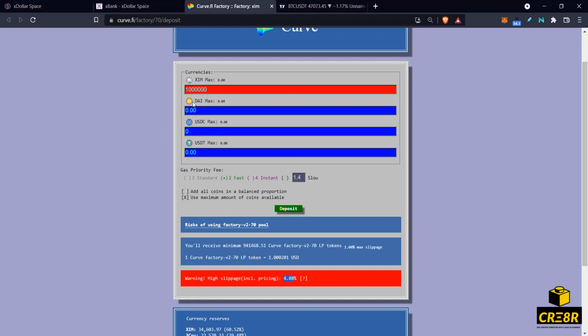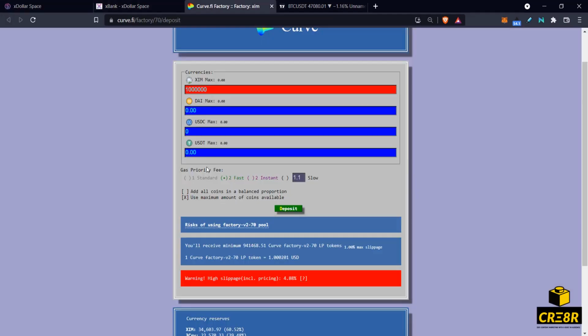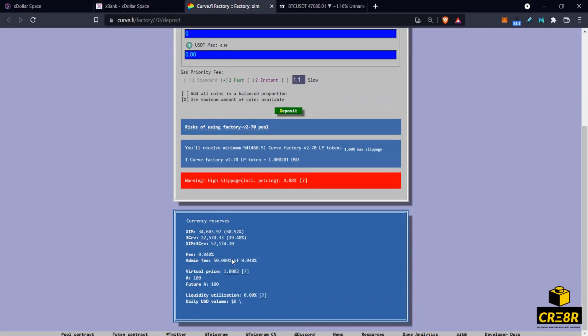So if you're going to do something big like this, make sure you bring both some of these 3 pool tokens and get some SHIEM to do this, okay? Now, why would you want to do that? Because there is a pretty heavy APR right now. But again, this will obviously decrease as this fills up with more and more liquidity, okay?